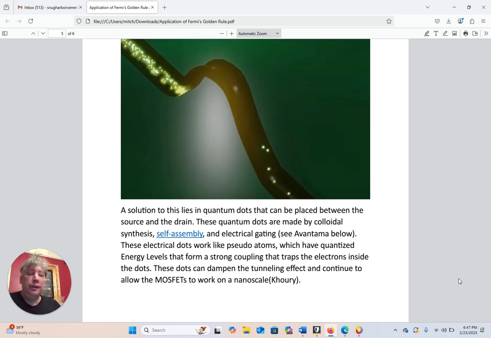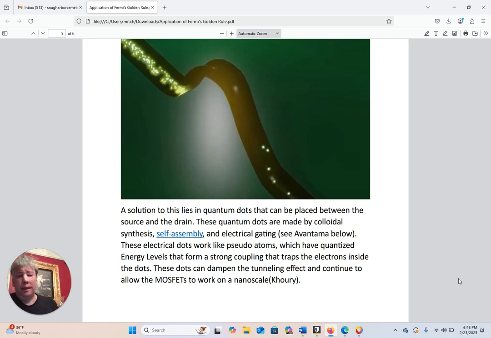Scientists can make those quantum dots larger or smaller based on the processes that Avante talks about in their article. So the dots can dampen the tunneling effect, which would allow the MOSFETs to work on this nanoscale level.